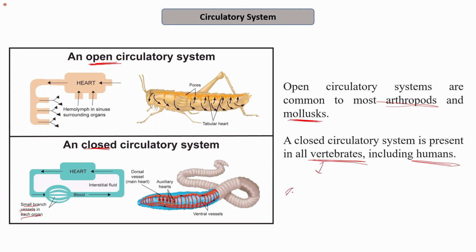Basically we are chordates, that is, we have a notochord, and then we come under the category of vertebrates. We will see why we are called vertebrates. So humans come under the category of vertebrates, and we have a closed circulatory system where the blood flows inside the blood vessels and then runs into the organs.